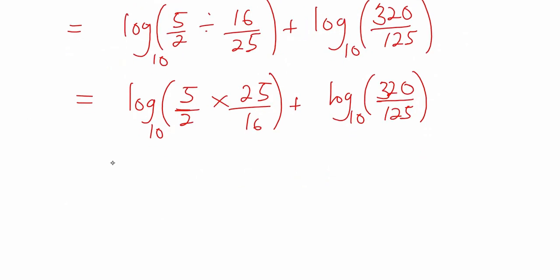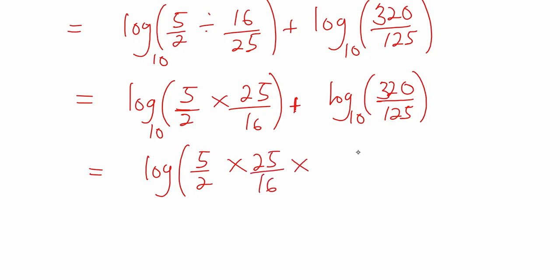Now we can see that there is logarithm of 5 out of 2 times 25 out of 16 base 10 as one logarithm, and another logarithm of 320 out of 125 base 10, which means we can write these two as a single logarithm once the bases are the same and the logarithms are adding. Now you have logarithm of 5 out of 2 times 25 out of 16. Once they are adding, then we can multiply the arguments, that is 320 out of 125 base 10.